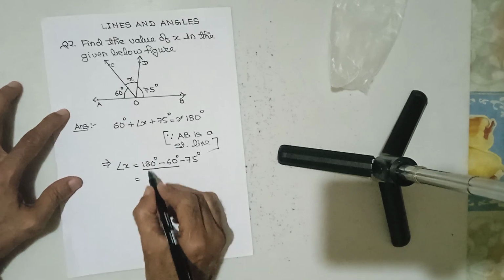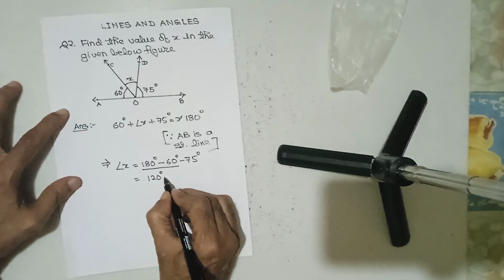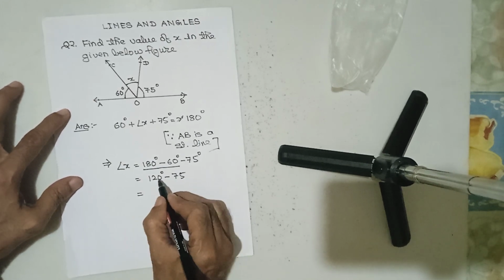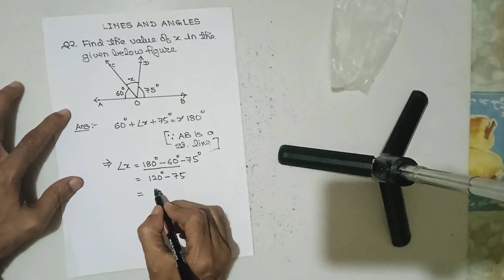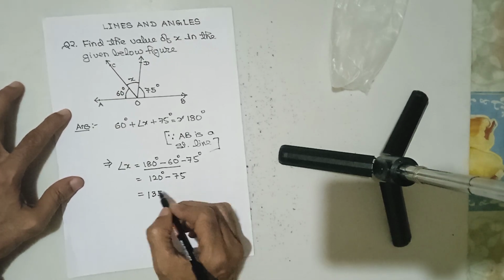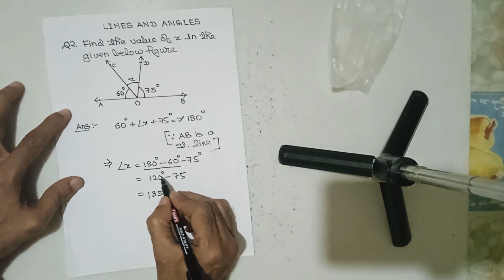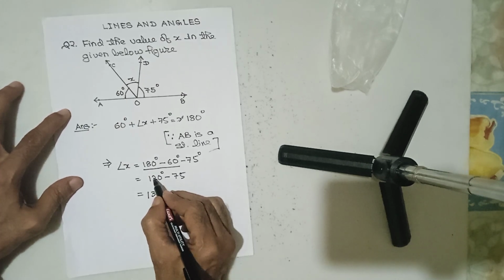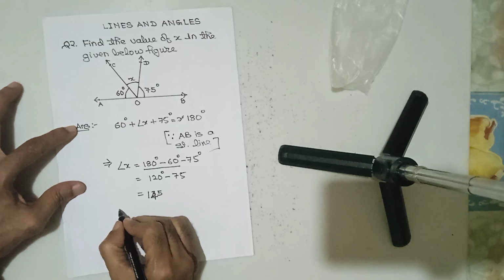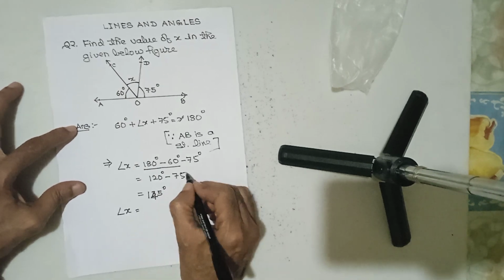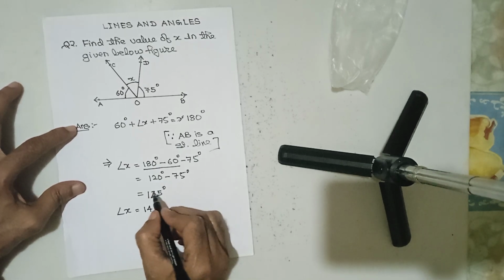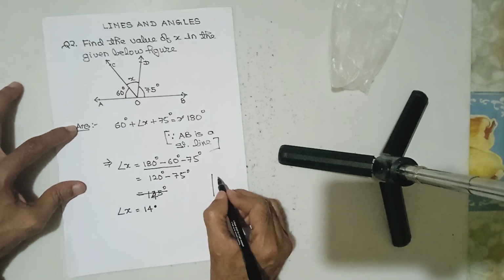When we subtract these two, we get 120 degrees, and minus 75 degrees.